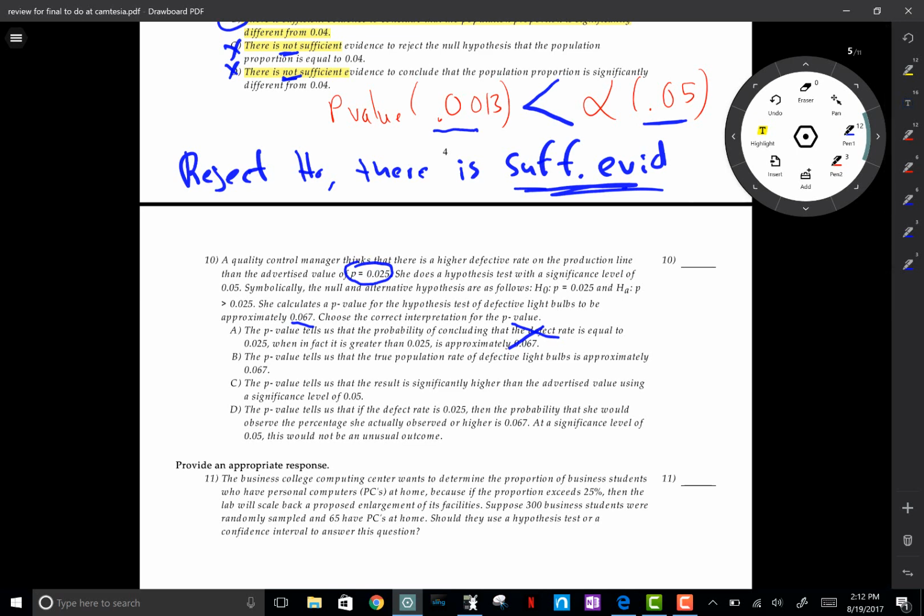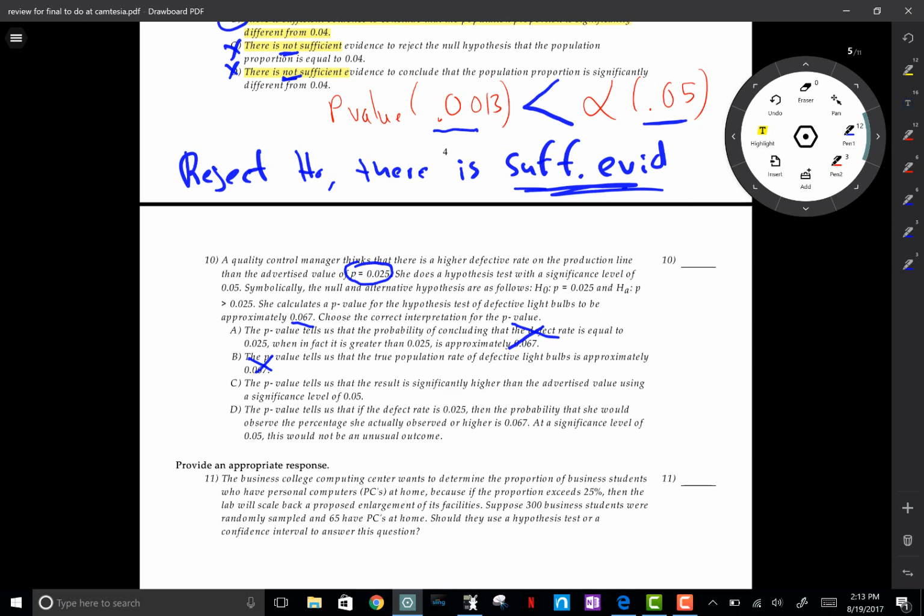What we want has to say something in regard to more extreme. So let's look at B. It says the p-value tells us the true population rate of defective light bulbs is approximately 0.067. That one is incorrect. It's not telling us anything about it.